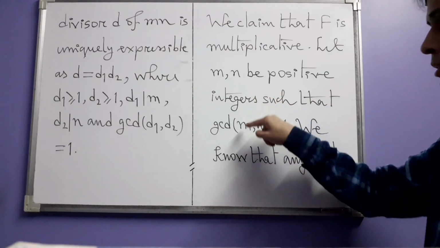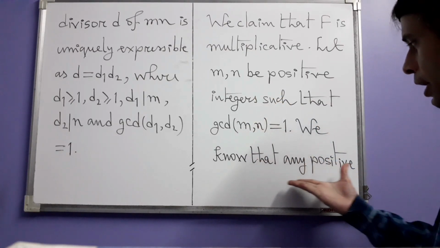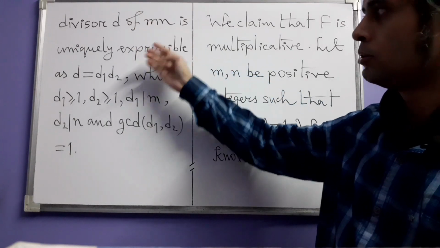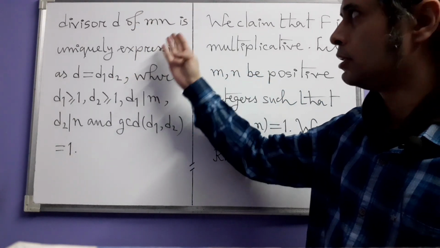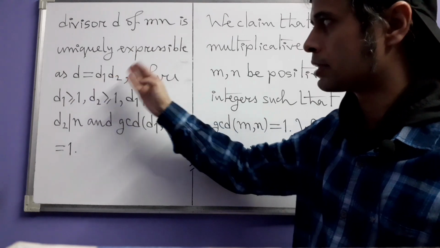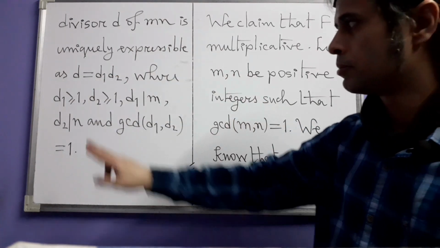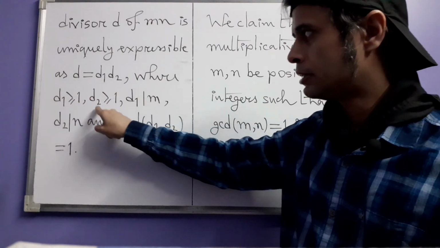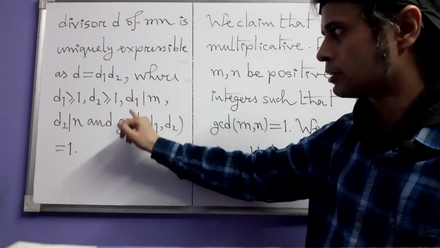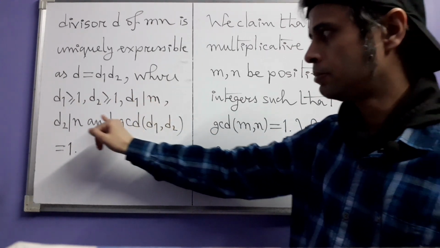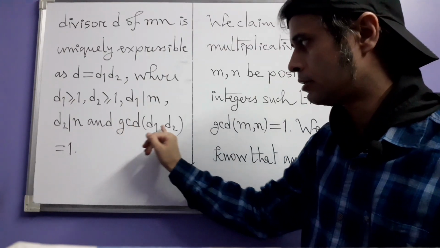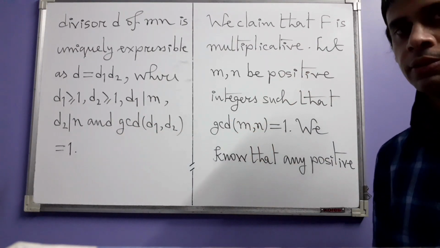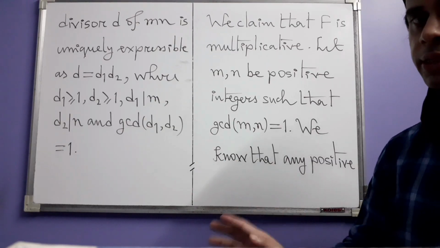We know that in this situation, any positive divisor d of the product mn is uniquely expressible as a product itself, d1 d2, where d1 and d2 are also positive integers. d1 is a divisor of m, d2 is a divisor of n, and they are also relatively prime, just like m and n. And now let's start calculating F of mn.